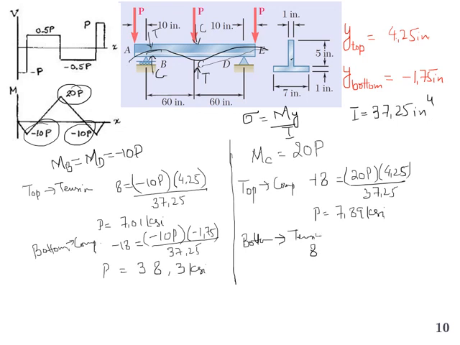So we can write 8 KSI into 20p times 1.75 divided by 37.25. In this case, P is 8.51 KSI.